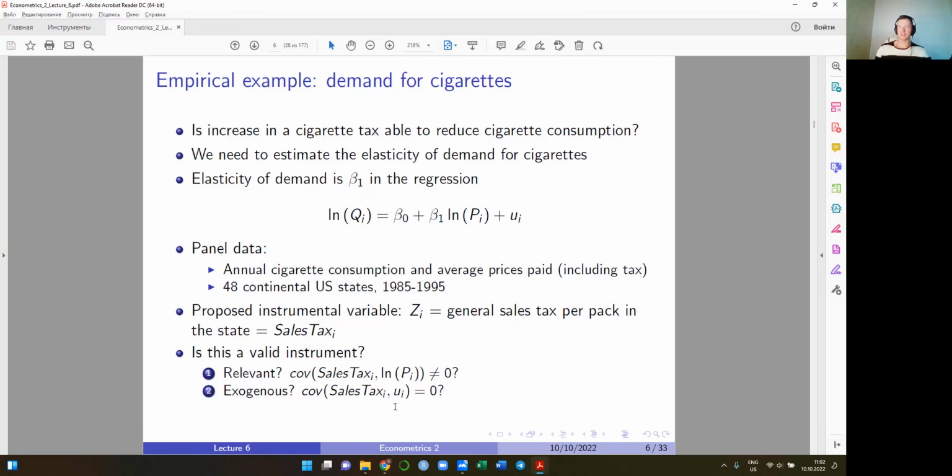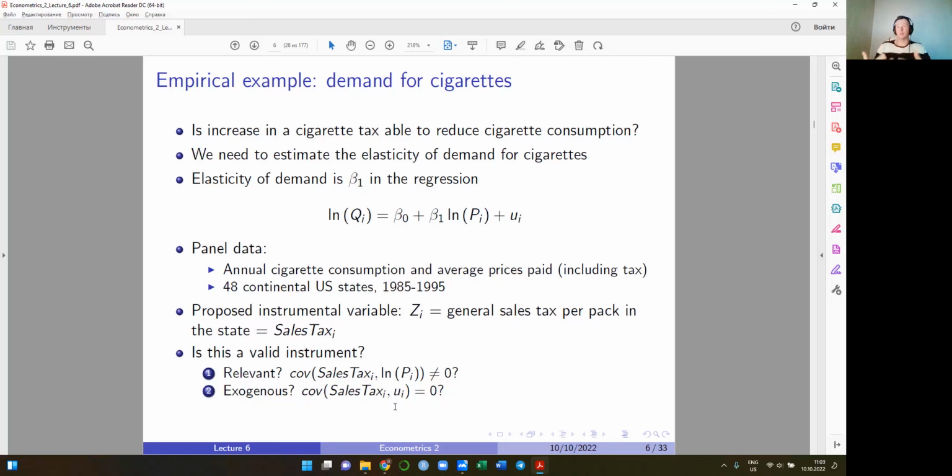After all, sales tax is probably paid by the producer. Sales tax might be part of producer cost, but not a determinant of demand. So therefore, we can hope that sales tax is a valid instrument to some extent. We will check it later whether it is truly valid or not, but at least we can hope.